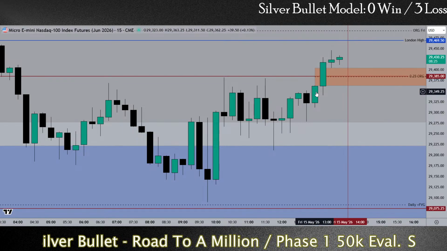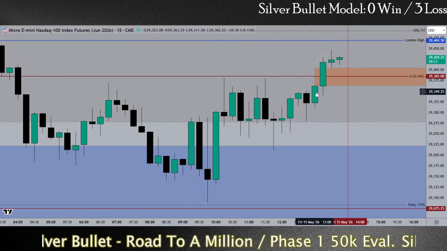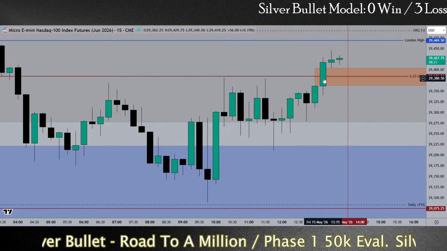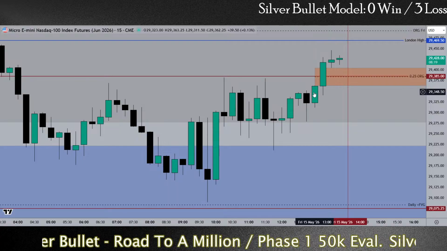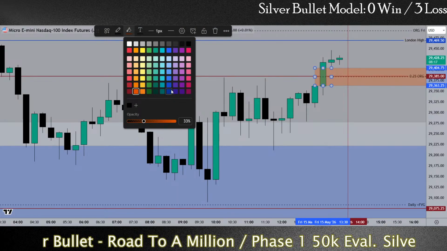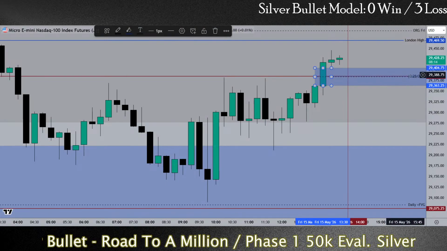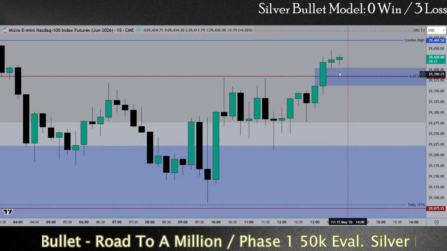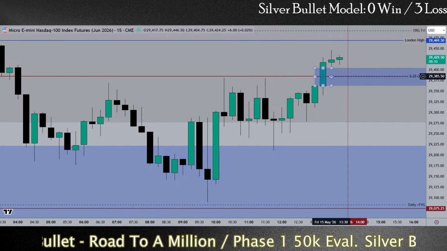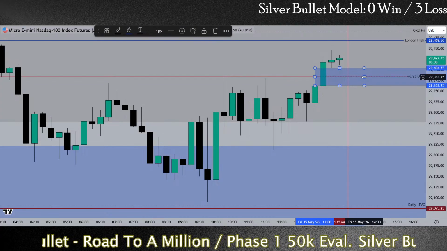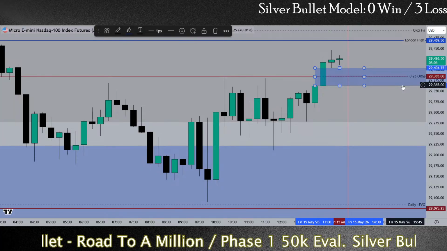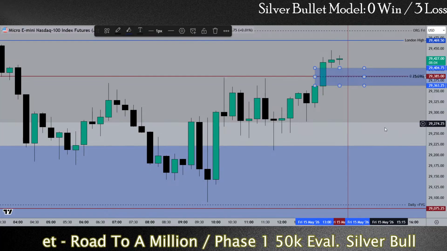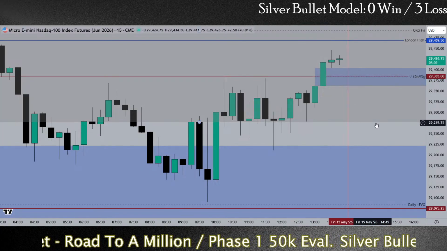This candle's close 62.25. This candle's open 62.25. So no difference. So that's a standard 15-minute fair value gap. Right there.